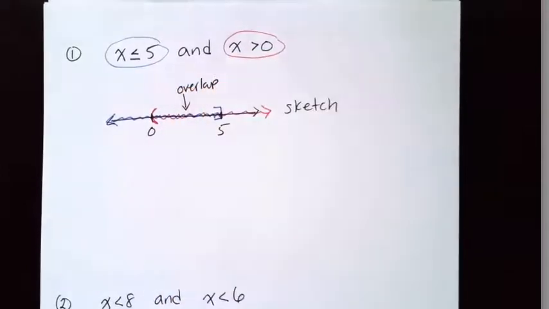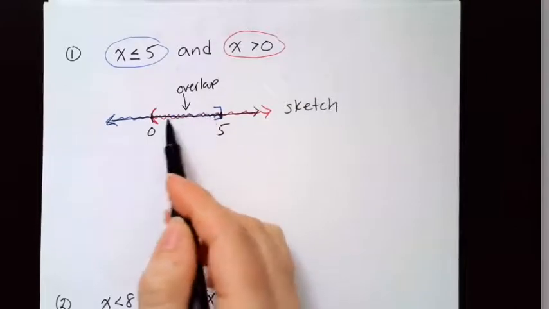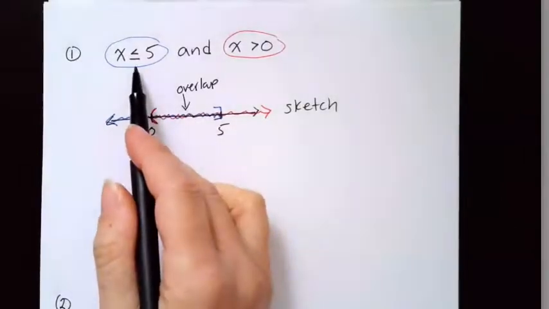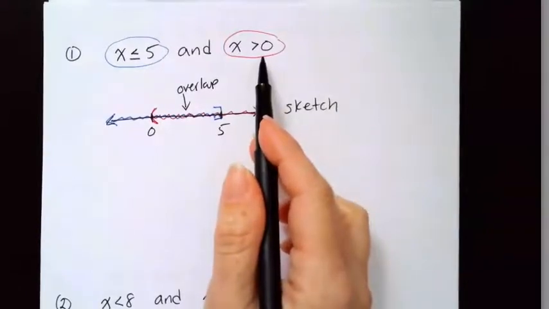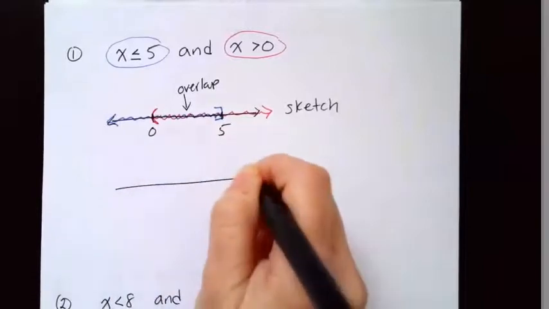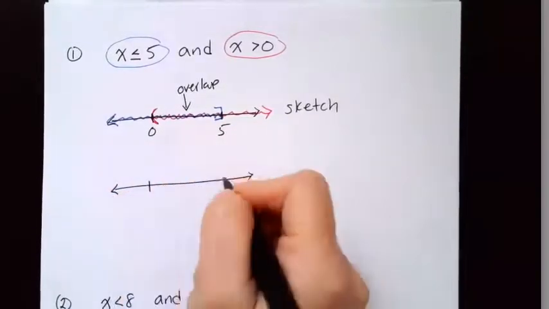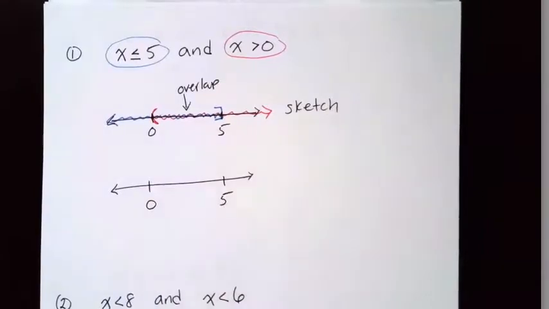These are the values where the solutions in this region work for x is less than or equal to 5 and work for x is greater than 0. So my actual graph, my actual solution set, will only focus on the values between 0 and 5.